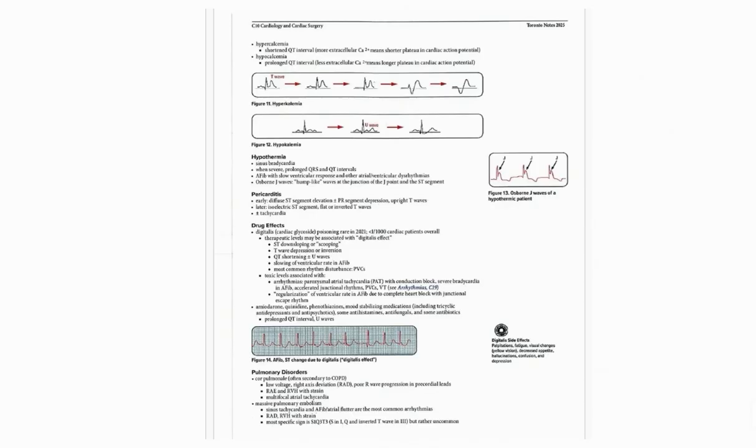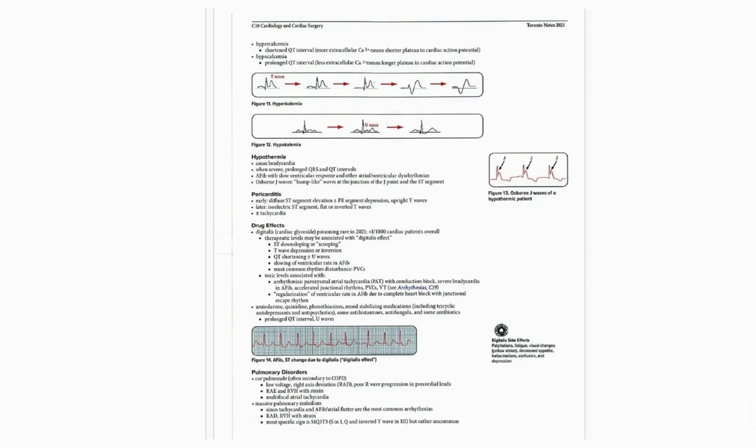Hypothermia equals Osborn J waves and bradycardia. Pericarditis equals diffuse ST elevation with PR depression. Digoxin is scooped ST depression at therapeutic levels, multiple arrhythmias when toxic.